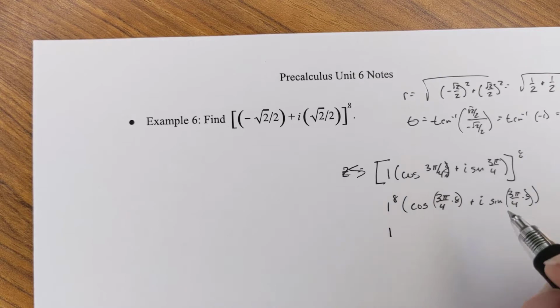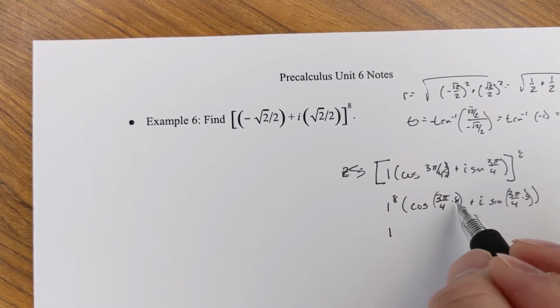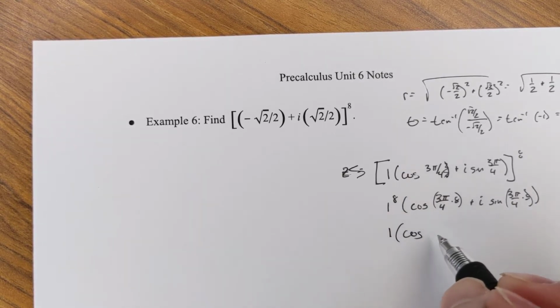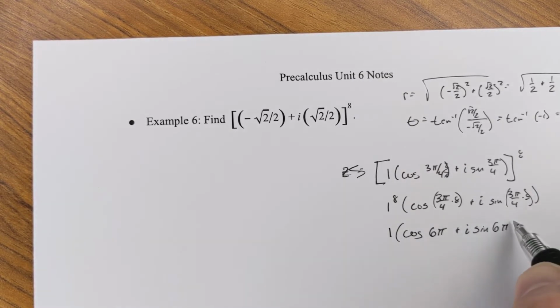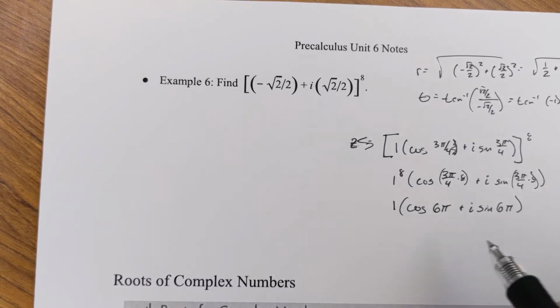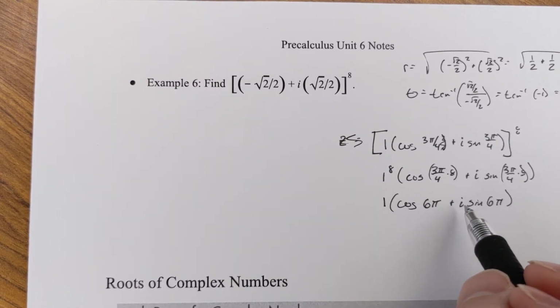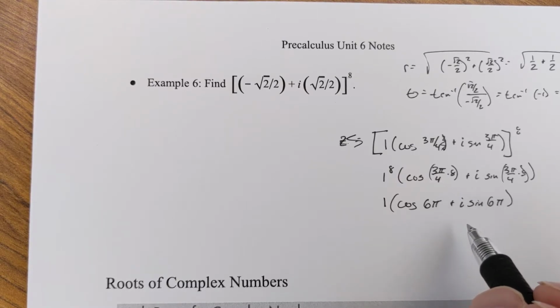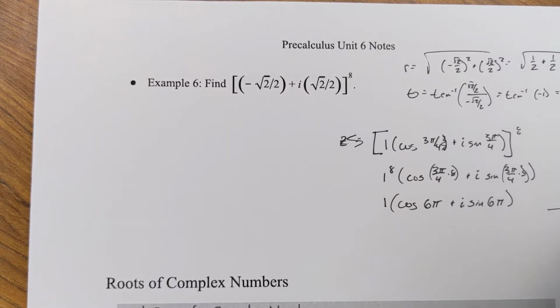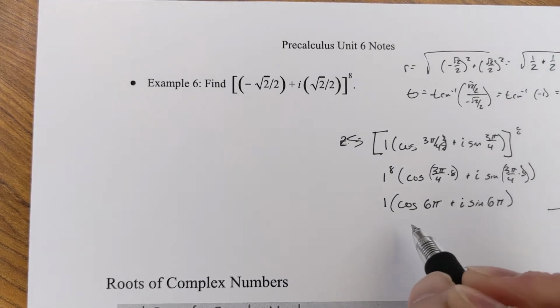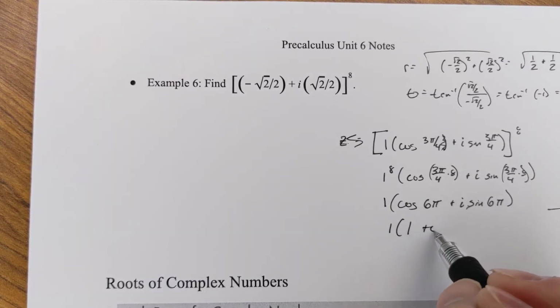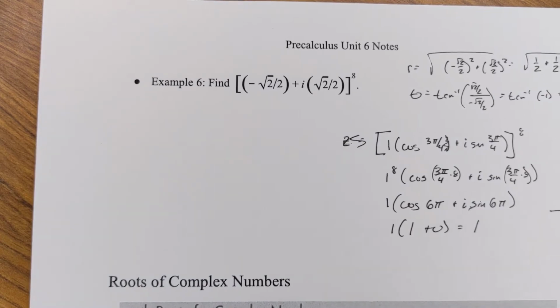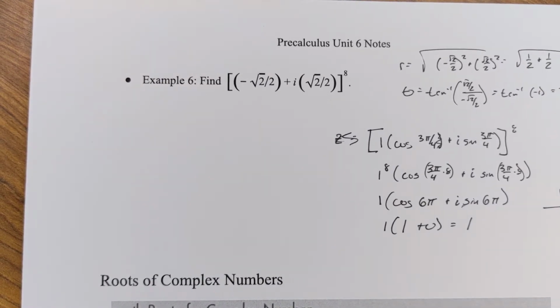So 1 to the 8th is 1. 3 pi over 4 times 8 is 6 pi. Notice these angles will always be the same. Okay, so the cosine of 6 pi is, well, let's see, 0, 1, 2, 3, 4, 5, 6, so it's 1. And the sine is 0. So this whole thing just comes out to be 1. All that work for just 1.